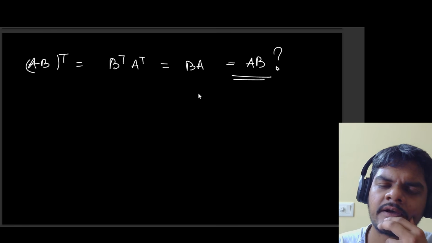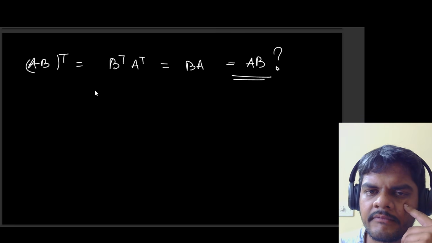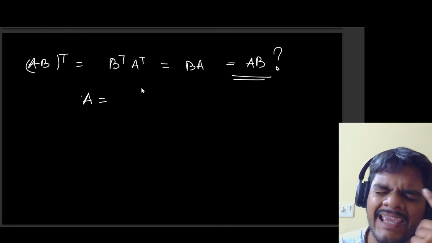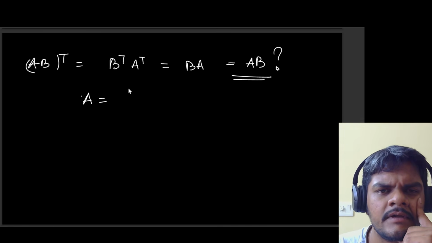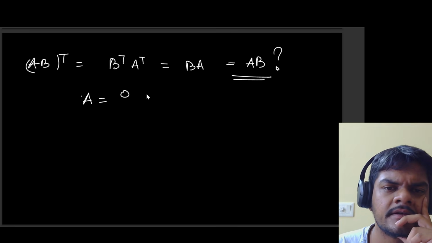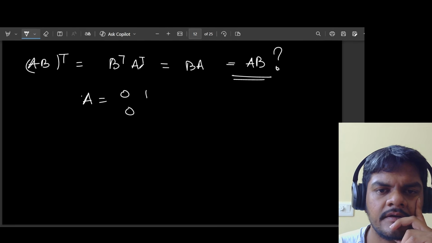This is a question mark. Well, A and B may not be commutative, right? Suppose I have A as, yeah, I shouldn't take the unit matrix, so this should be symmetric.